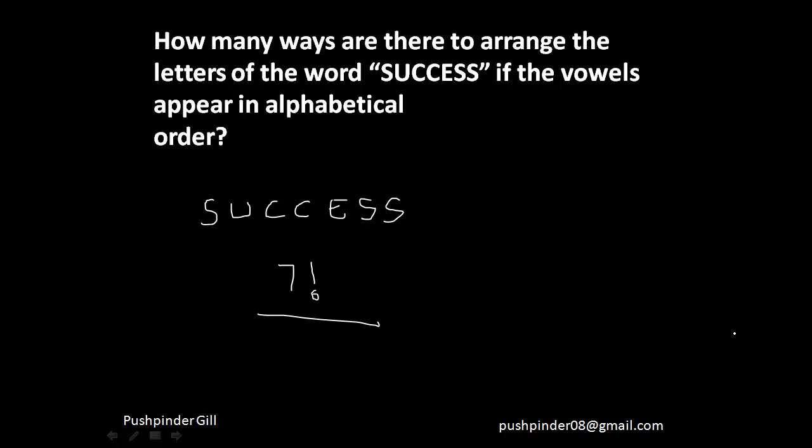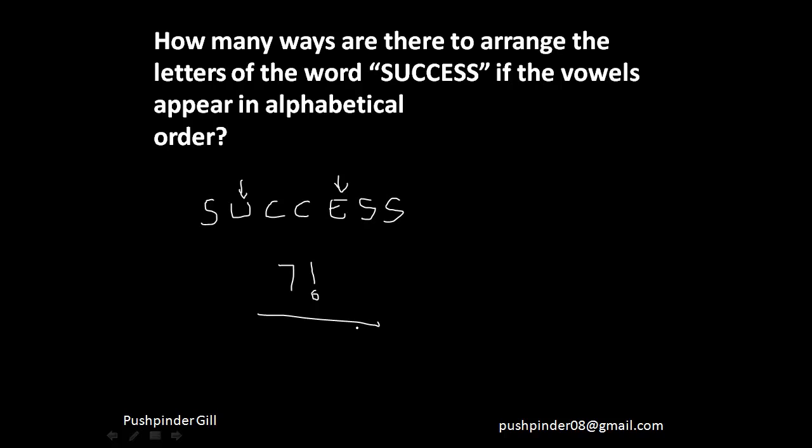Now, as you can clearly see, there is a condition on U and E that E should always come before U because they should be arranged in alphabetical order, not necessarily together, but in alphabetical order. So that means I have to assume them to be identical. E cannot take the place of U and U cannot take the place of E, right?